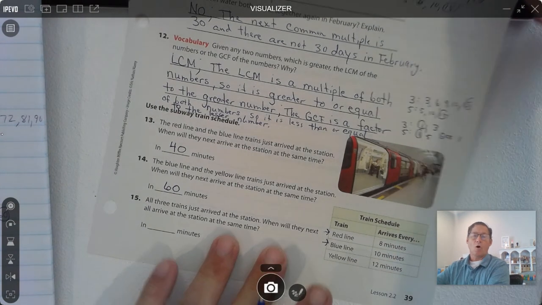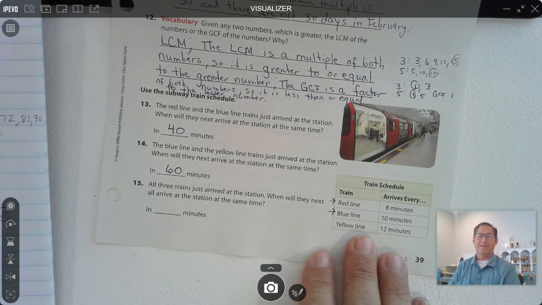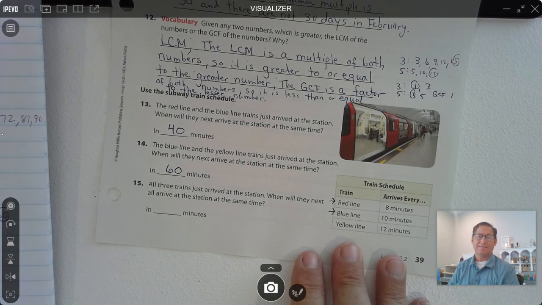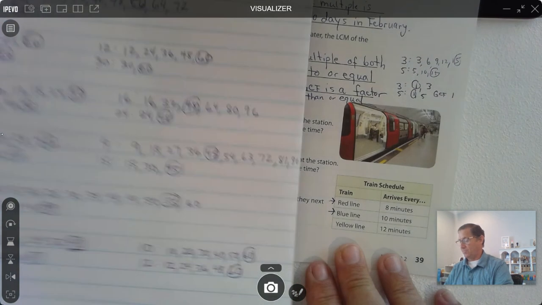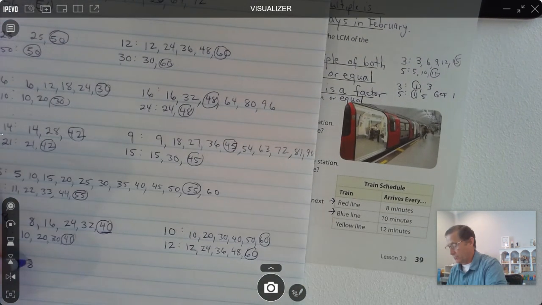All right, how about all 3 trains just arrived at the station? When will they next all arrive at the station at the same time? So this time we need to find the least common multiple of 3 numbers.